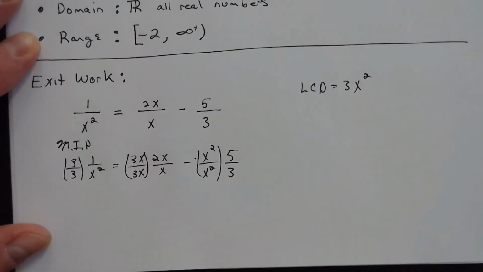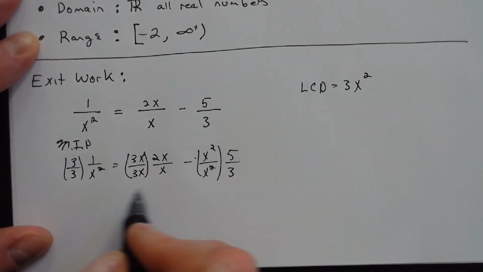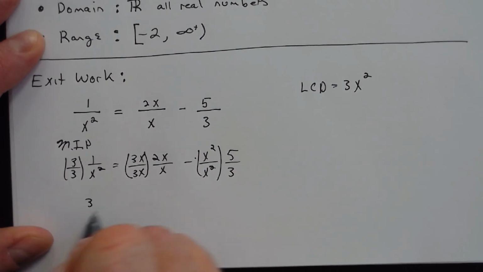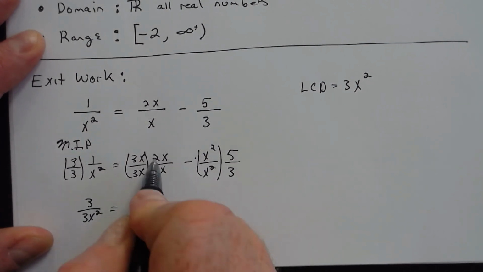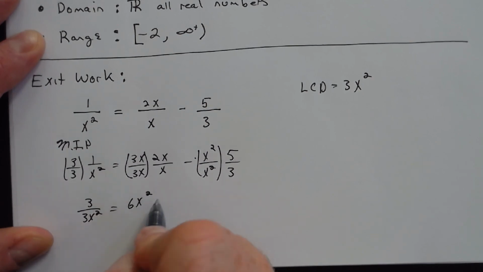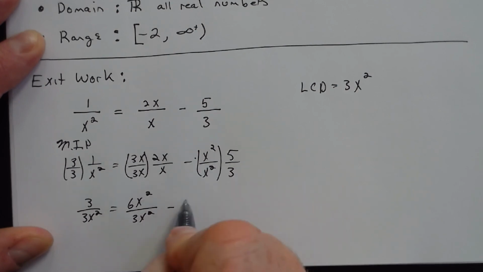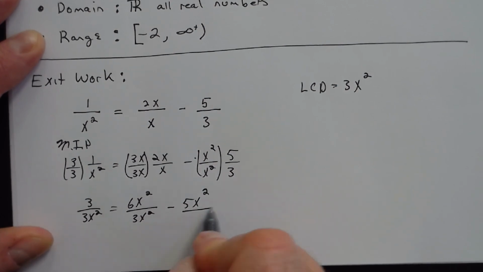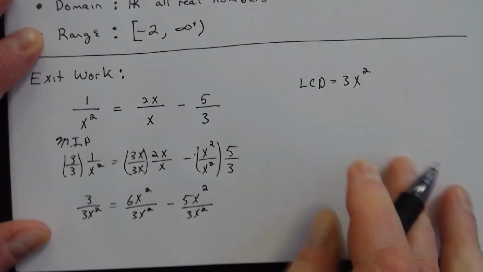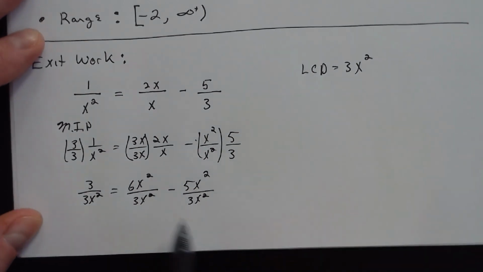So that's the multiplicative identity property being used. And we have 3 over, is going to be equal to 6 minus, over 3x squared.